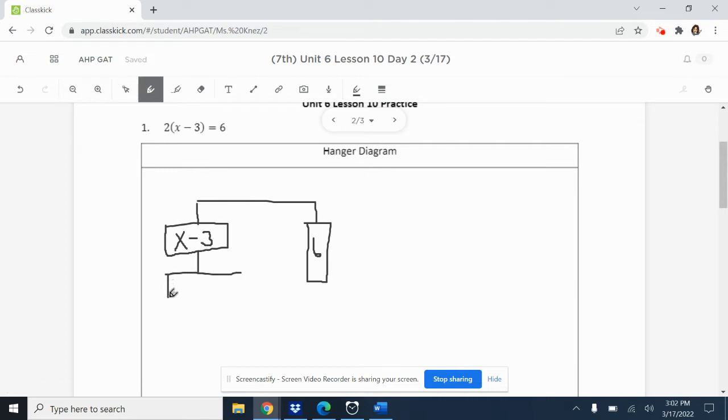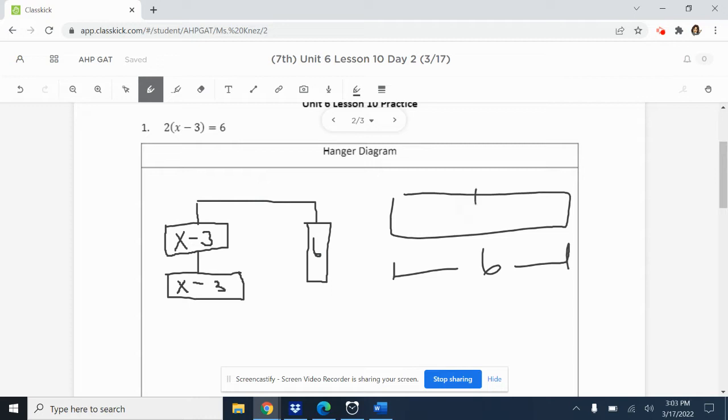Another way that we could draw the diagram is called a tape diagram, when we simply draw one box, and that one box is equal to a total of 6. We know that each piece of that box is equal to x minus 3. And so we have two groups of x minus 3.